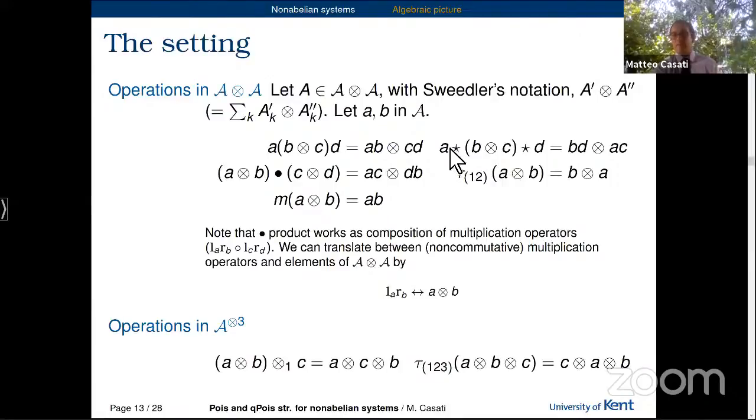The star basically makes you jump, while the normal product keeps you on the same side. Then you have other operations, which are products in the A tensor A, and this tau is the switch of factors. And then, of course, you have a map that takes your A tensor A and collapses it into A.